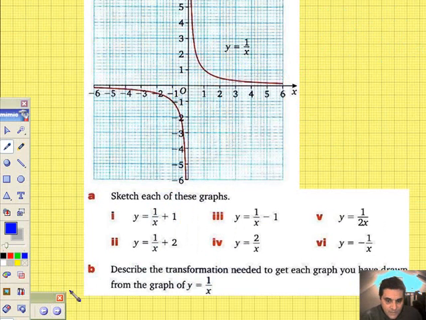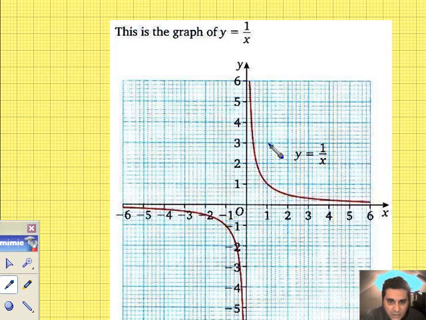Okay, next one, we've done that one. Here we go, y equals 1 over x plus 2, in other words, raise the whole graph plus 2 units up in the y direction. So here we go, let's lift it up 2 units, so (1, 1) becomes (1, 3), and I suppose that looks a bit like (6, 0), so that will be like (6, 2).